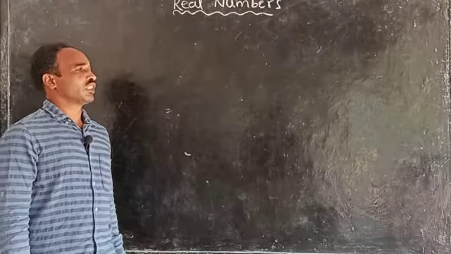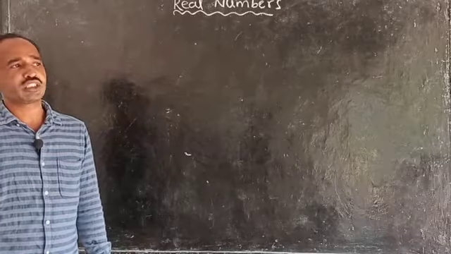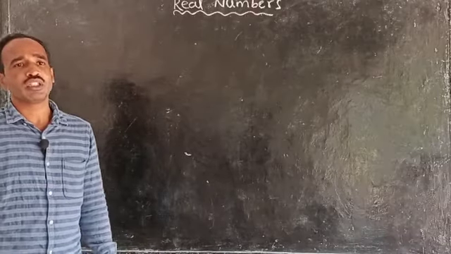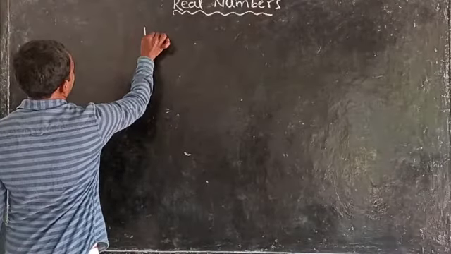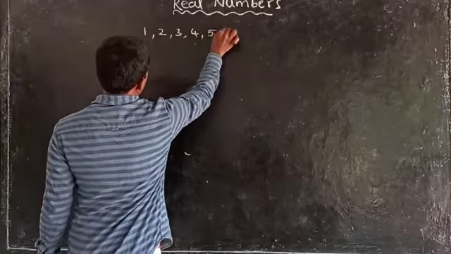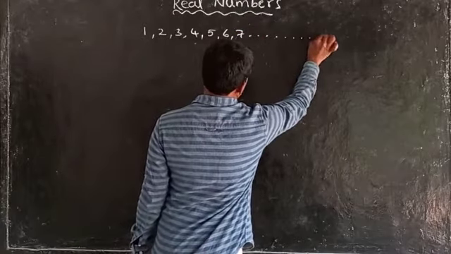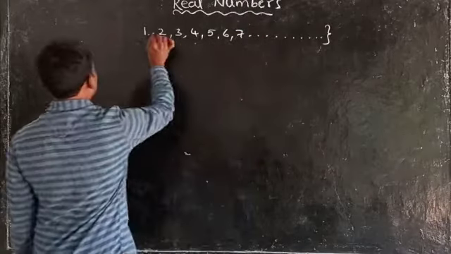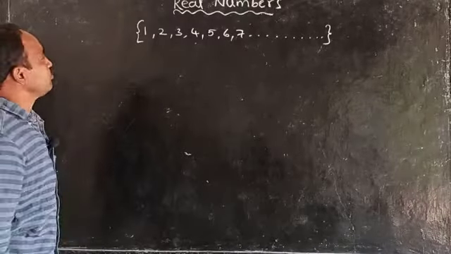First, the set of numbers we are using is called counting numbers. In our daily life we use numbers that start from 1, 2, 3, 4, 5, 6, 7 up to infinity. Infinity means uncountable.